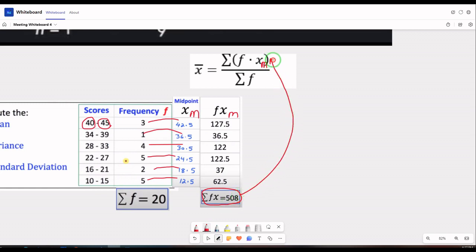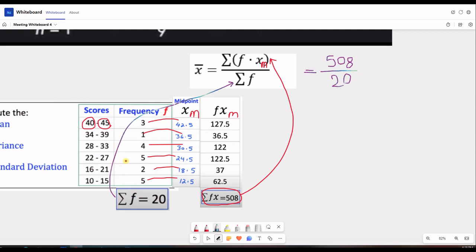So far you calculated the top part of this formula, and then here you had calculated the total frequency from before. So the next step would be simply substituting these values, which is 508 divided by 20, and this will show you the mean or the average.